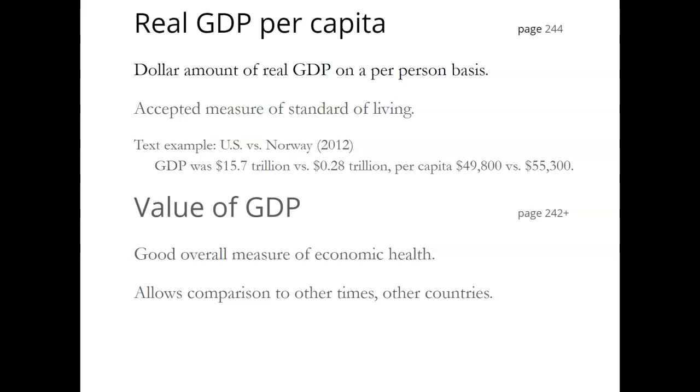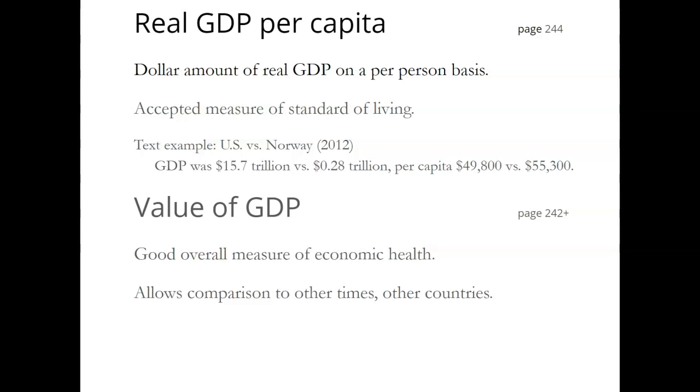Real GDP per capita is another important measurement. This is when we take the dollar amount of a real GDP and we divide it by the population. This is an internationally accepted measure of a standard of living. So in the text, we have an example of the United States versus Norway in 2012.